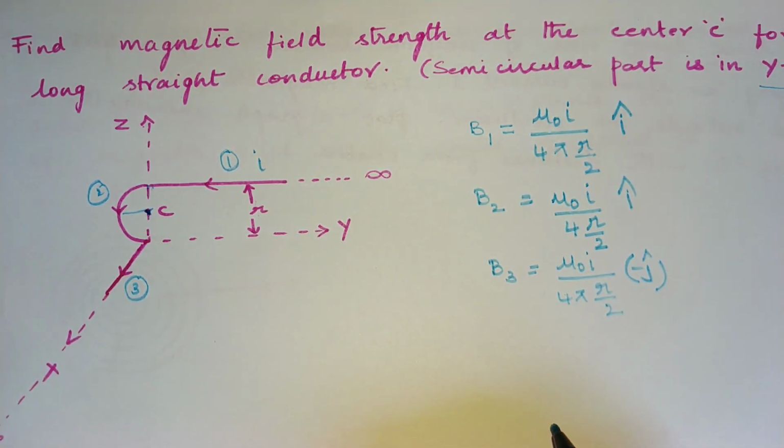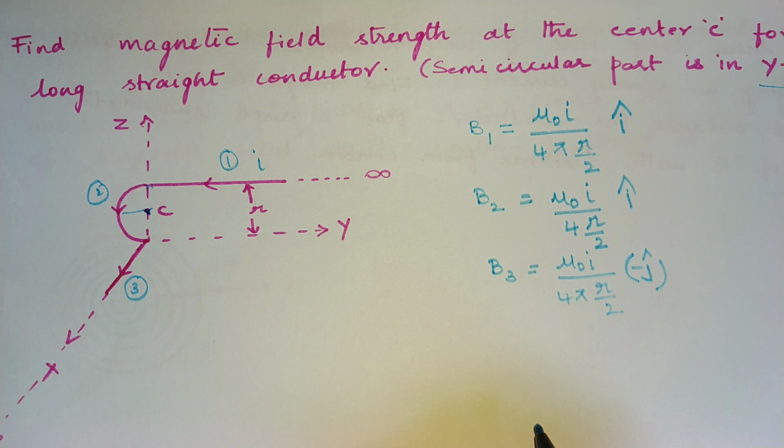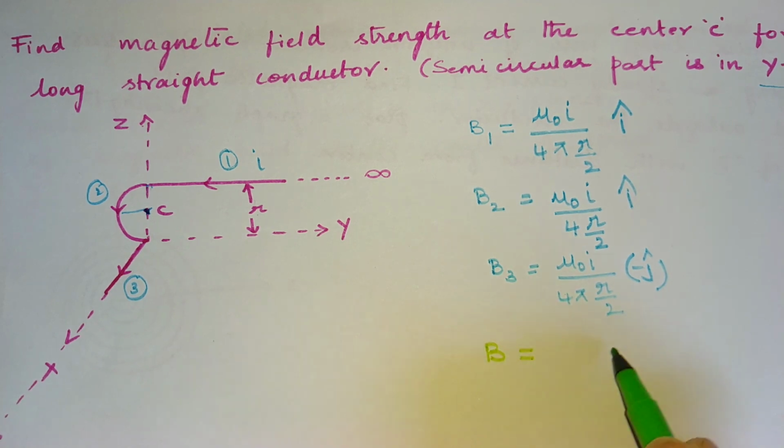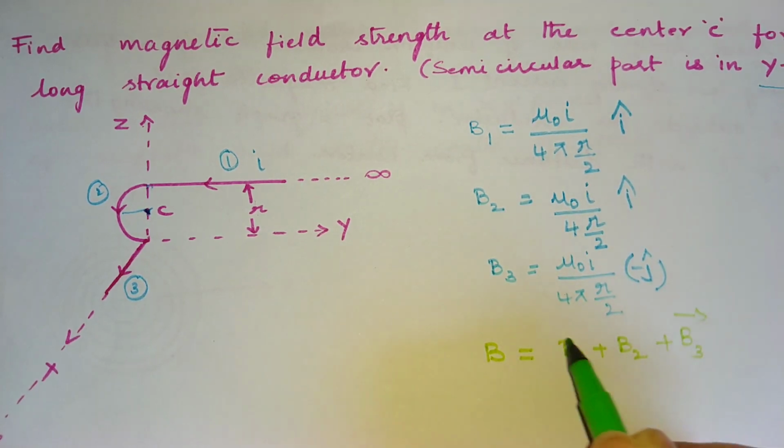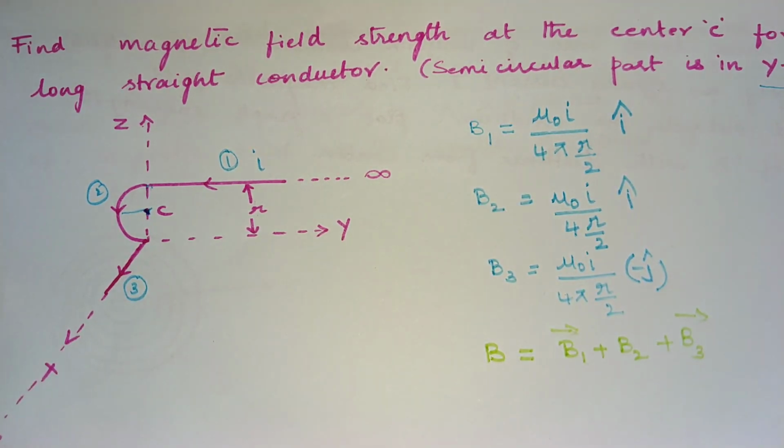So what should be the net magnetic field? We know the total magnetic field should be the sum of all three magnetic fields. So I will write the net magnetic field B as equal to B1 plus B2 plus B3. Add the three vectors and find out what the answer should come out to be.